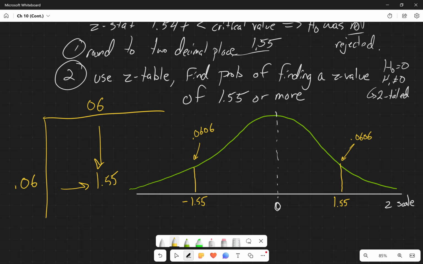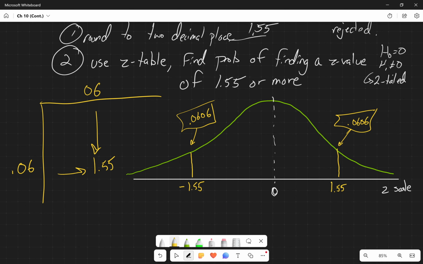And since this is a two-tailed test, we're going to take each one of these values and add them together. So the first step is we round it. The second step is we go inside of the Z table to find the probability of finding a Z value of 1.55 or more.